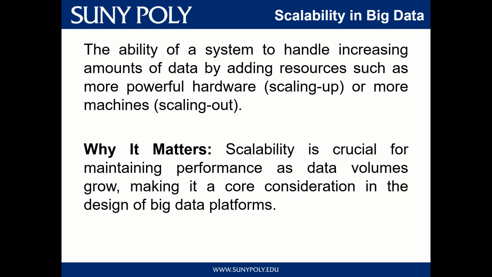Scaling up refers to when you get more powerful hardware. Imagine that you have a laptop, for example, and you increase the capacities, like the storage capacity. That's scaling up. While scaling out, or horizontal scaling, is when you get more machines. It's different. It's important because scalability depends on the context, of course.